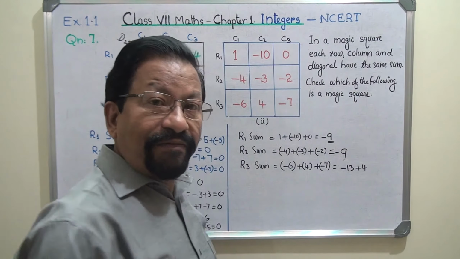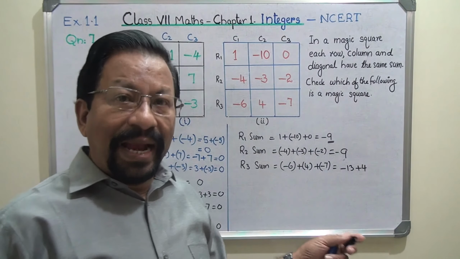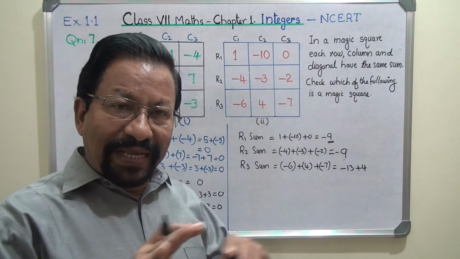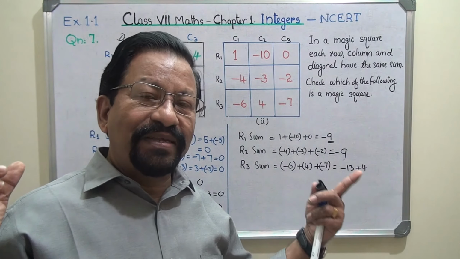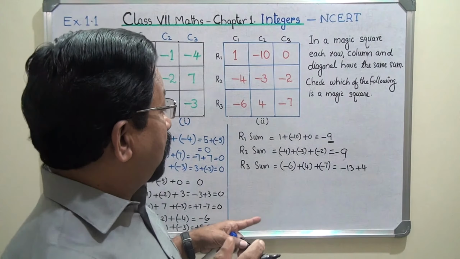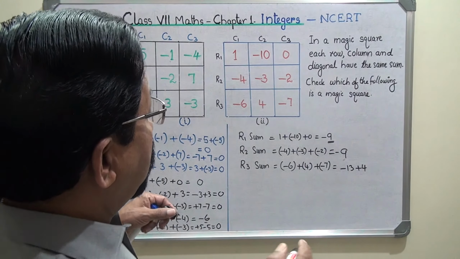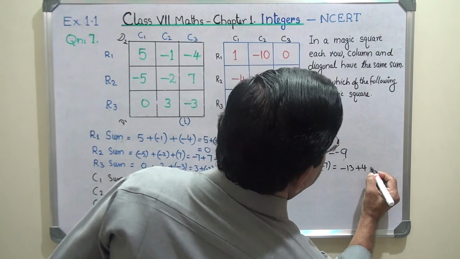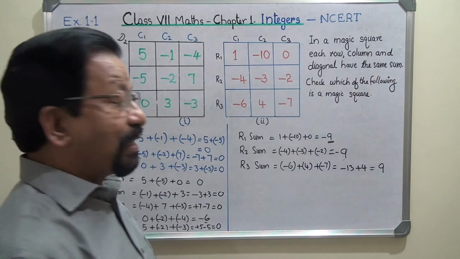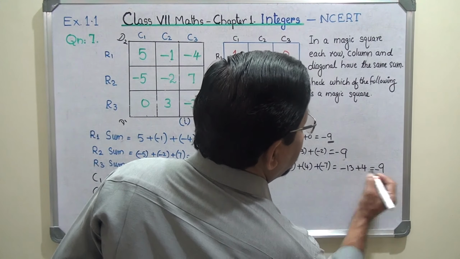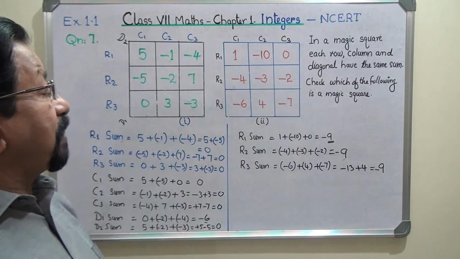One is negative, one is positive, so take the difference, taking out the sign. See the numbers 13 and 7. The difference is 9. Place the sign of the bigger number, that is minus 9. So the sum of the 3 rows is finished.